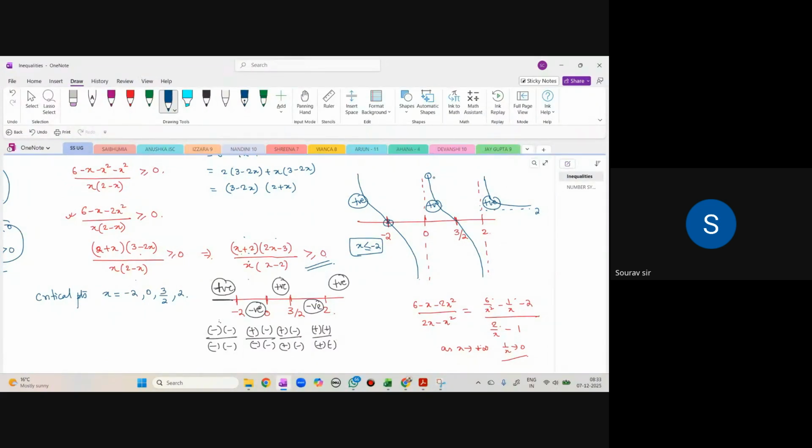Now here it starts from greater than 0 and becomes 0 at 3/2. So that means the solution will be x greater than 0, less than equal to 3/2. And the third solution is x greater than 2.